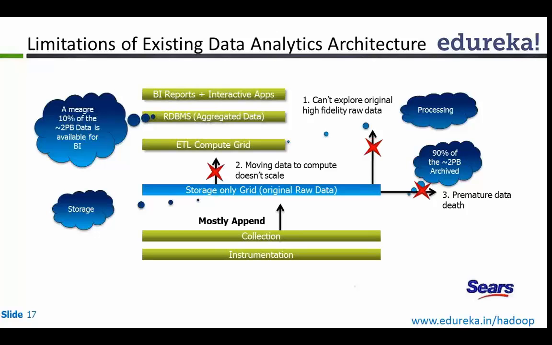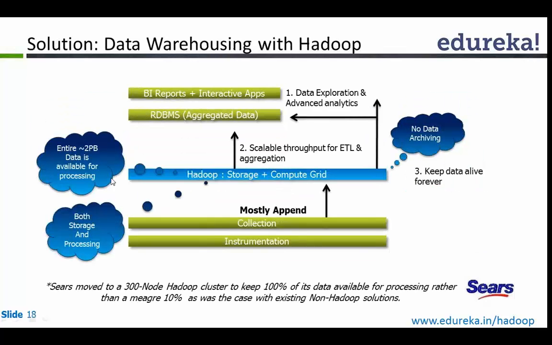And the last one, the historical data, which we keep storing in our master storage or the data warehousing platform, has to be archived periodically. It cannot keep storing the whole historical window of the data, so it has to be archived periodically and it goes into a premature death. So there is a lot of business value and a lot of business data which we are losing over a period of time.